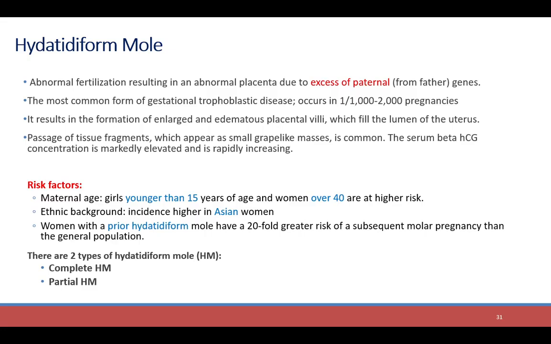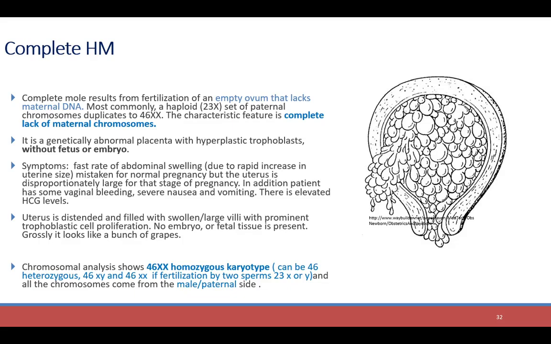As I said, remember we have two types. We have the complete mole and we have the partial mole. We will see how we differentiate between them. So in the complete mole, the uterine cavity is extended or dilated by the presence of these edematous chorionic villi, and there are two sets of 46 chromosomes, all these chromosomes coming from the paternal side.